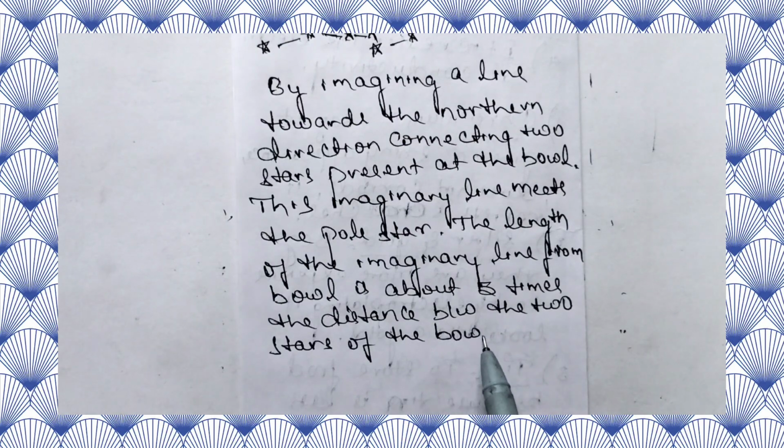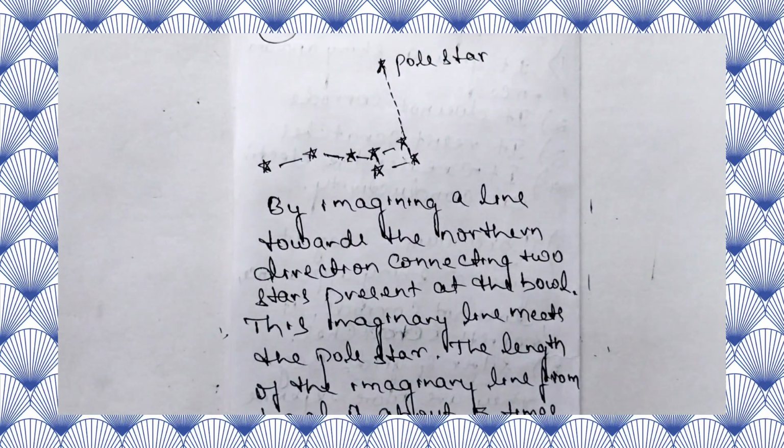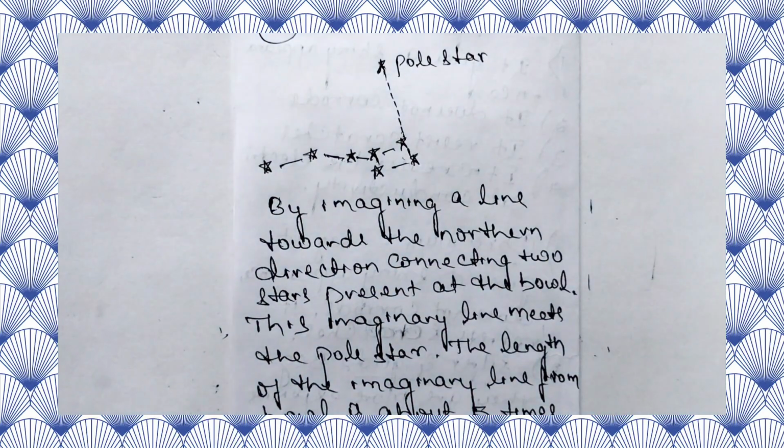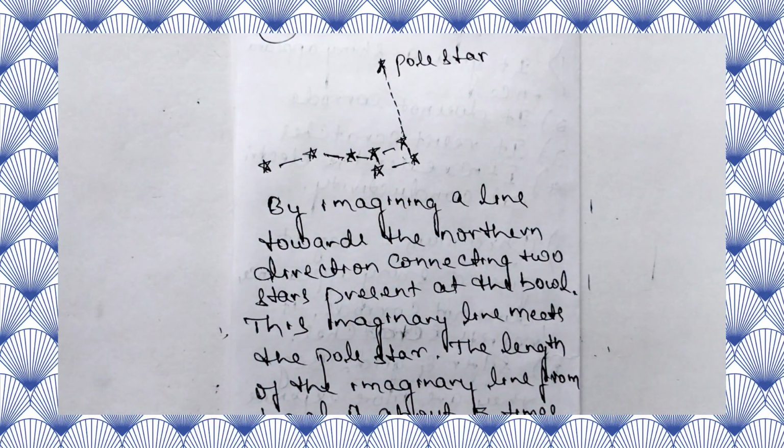The pole star is 5 times as far from the bowl as the distance between the two stars at the bowl. So this is how to locate the pole star with the help of Ursa Major, using the 7 stars of Saptarshi Mandala. So that is about this question.